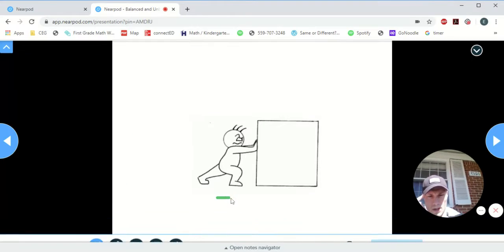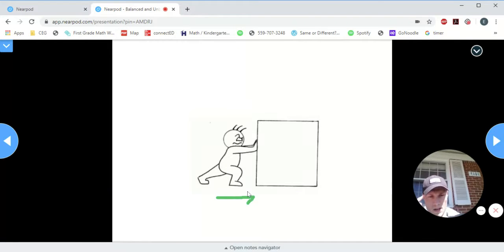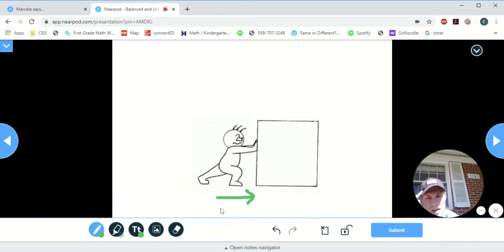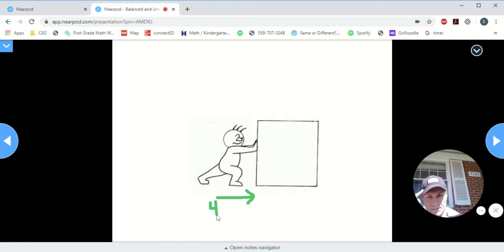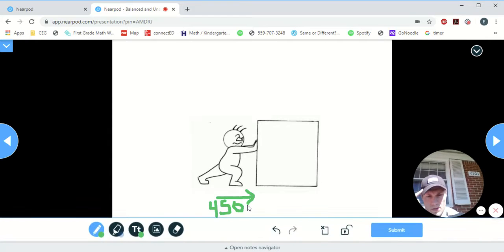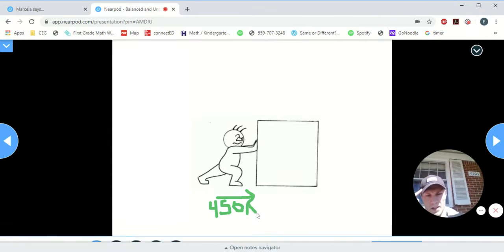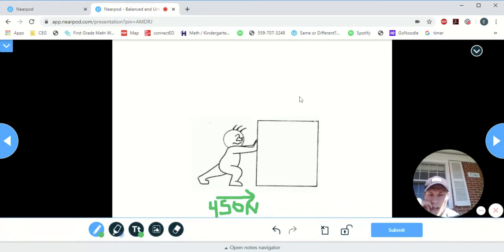I'm going to push, the direction is towards the right, and my strength is 450 newtons. Excuse my handwriting. So the force is 450 newtons towards the right. Once I think I got it, I'm going to hit submit.